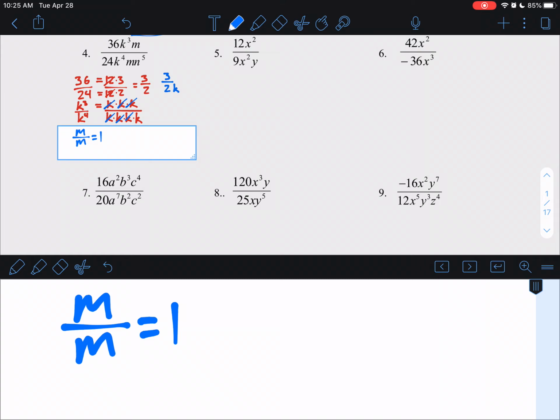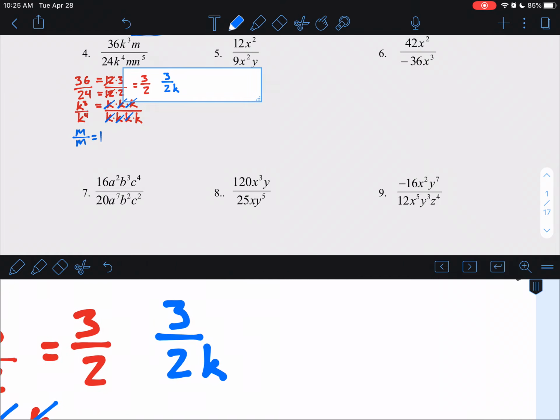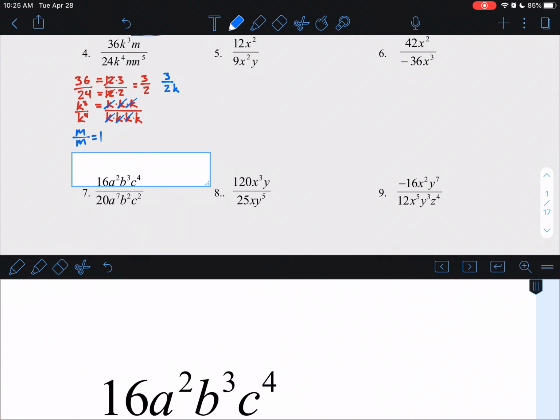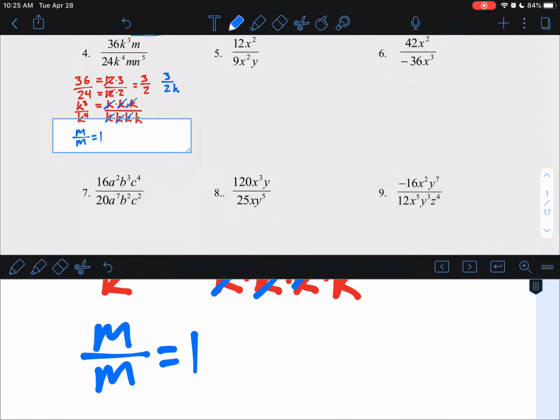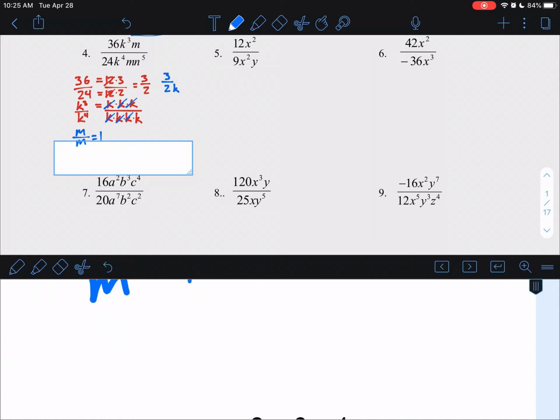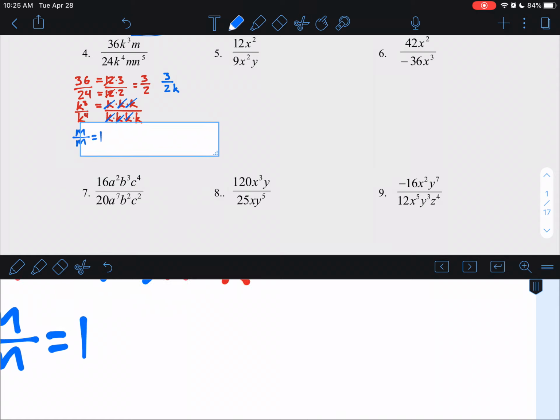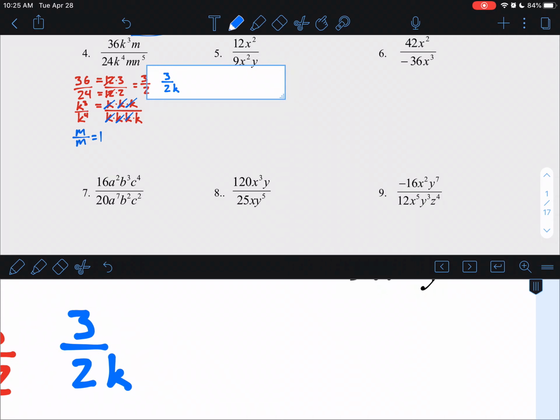Anything divided by itself is 1. Neither of them have exponents. So there are no m's in our answer. The m's are canceling each other out. And then we have the n's. So I don't have any n's in the numerator, but I still have 5 n's in the denominator. So I still need to include those 5 n's.